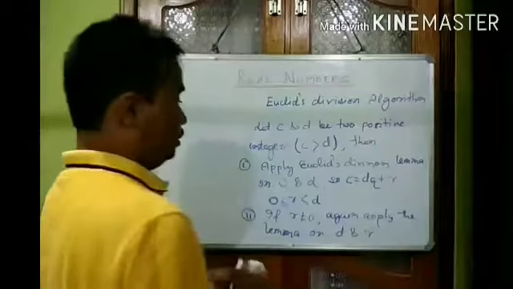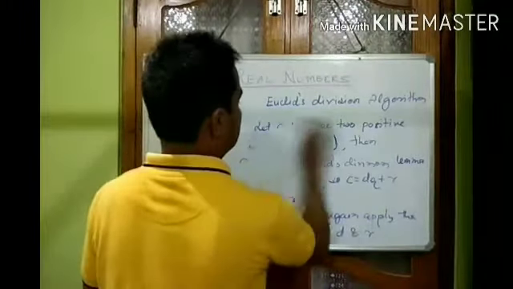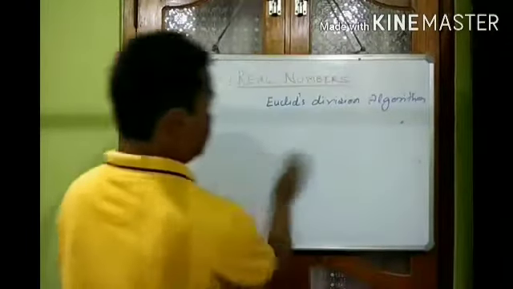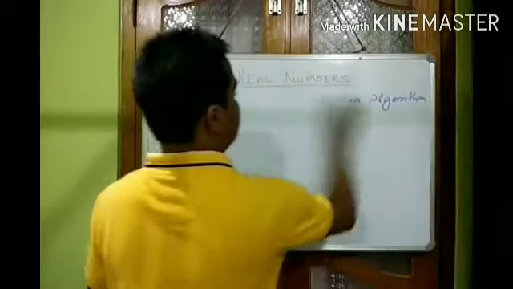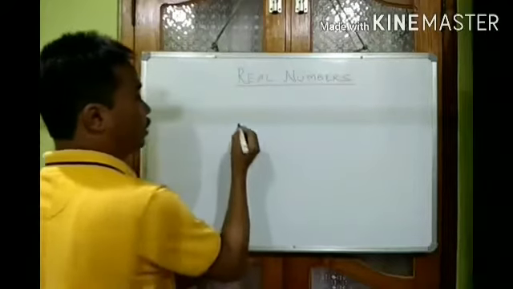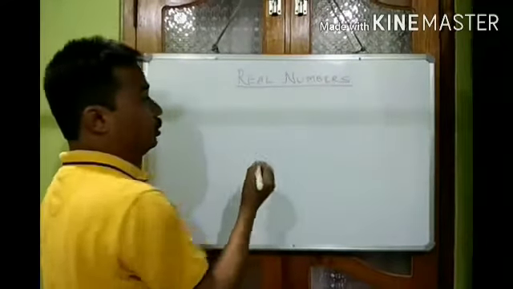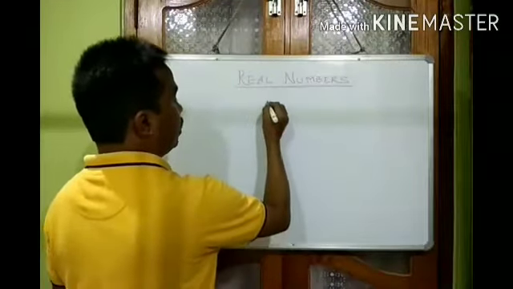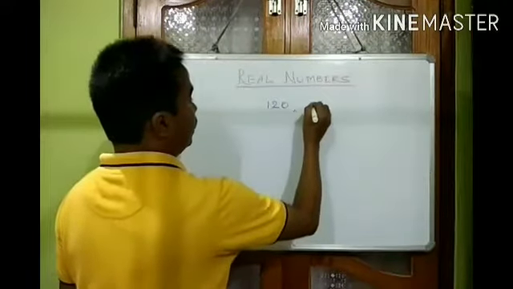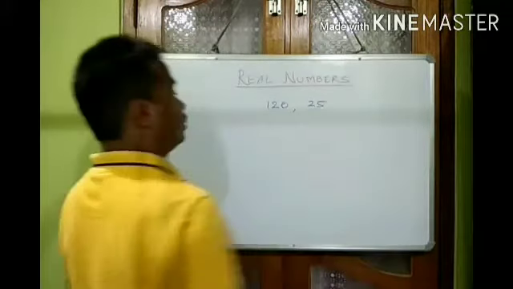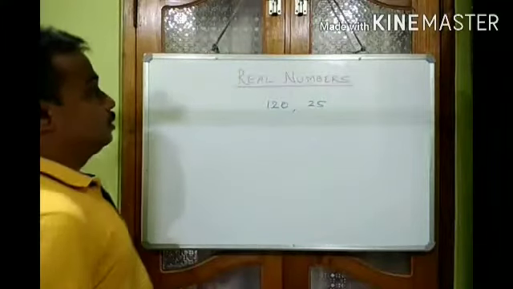Next, we'll try to find out the HCF of two numbers with the help of Euclid's division algorithm, say 120 and 25. So let us try to find the HCF of 120 and 25.